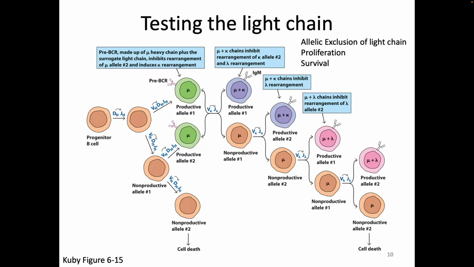When the cell does successfully get a signal through the heavy and light chain together, that signal will again tell the cell to turn off RAG1 and RAG2.